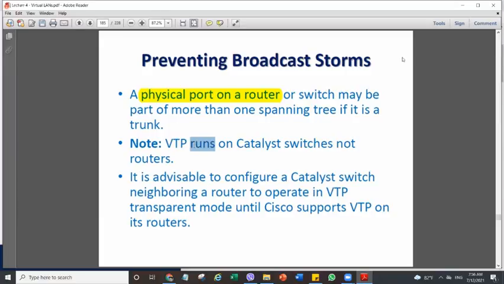So VTP runs on catalyst switches, not the router. That is also important. So VTP, VLAN trunking protocol, the trunking port is there at the switch end.